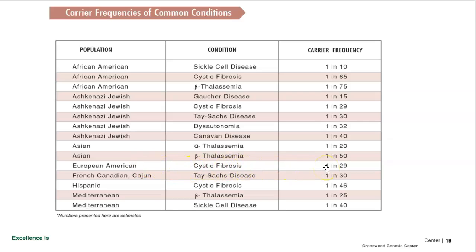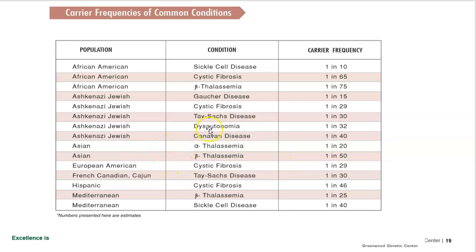Whereas cystic fibrosis is 1 in 65 in individuals of African American descent, but in the Caucasian population, it's 1 in 29. Ashkenazi Jewish means you're Jewish and you came from Europe. They were a very small inbred population, and that can increase the risk of certain recessive diseases. Individuals of Ashkenazi Jewish descent have an increased risk of a lysosomal storage disease known as Gaucher's, again, cystic fibrosis, Tay-Sachs, and dysautonomia, as well as Canavan's disease, which is another metabolic disorder.